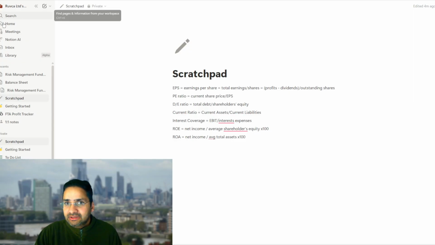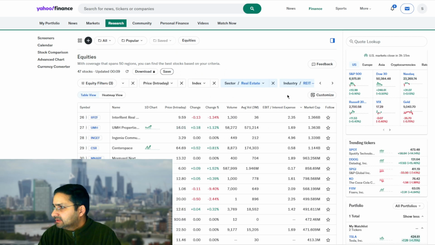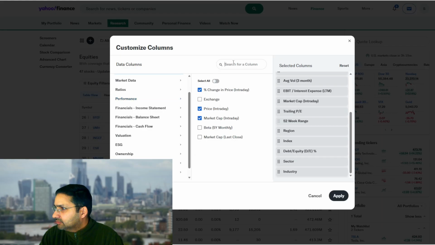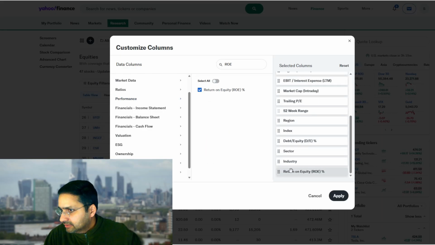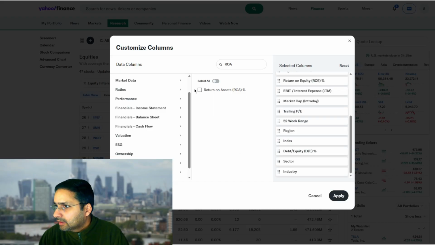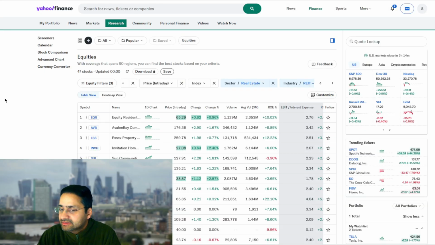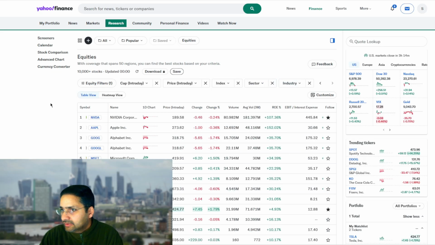So if we go to Yahoo Finance again and try to find ROE and ROA, let's say ROE, and just put that just before market cap, and then again put this next to apply. So let's see, let me just remove the sector filter first.